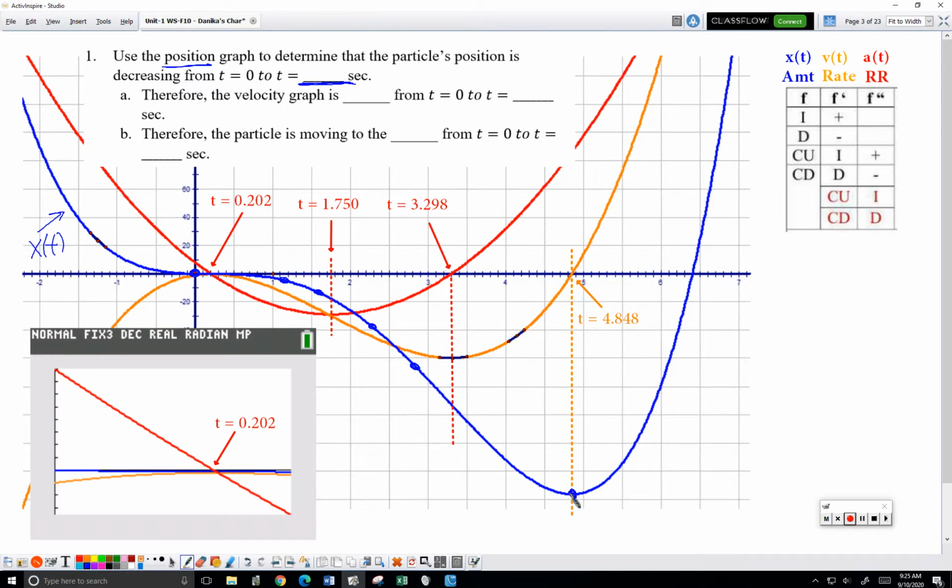Those position values, those y-coordinates, stop going more and more negative. They start to become less and less negative. That's the exact moment when the particle stops going left and starts moving back to the right. That is exactly the time when the position graph stops decreasing. So you'll write down 4.848.